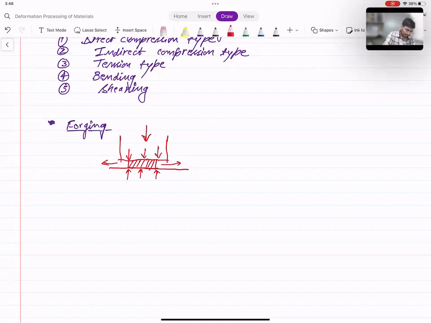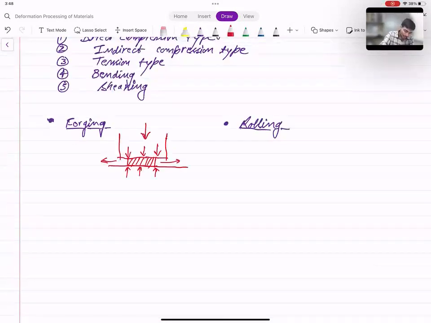Okay, so now the next one is a similar process, which is rolling. Similar means direct compression type here. Okay. So in the rolling operation, what is done? Suppose this is my workpiece.